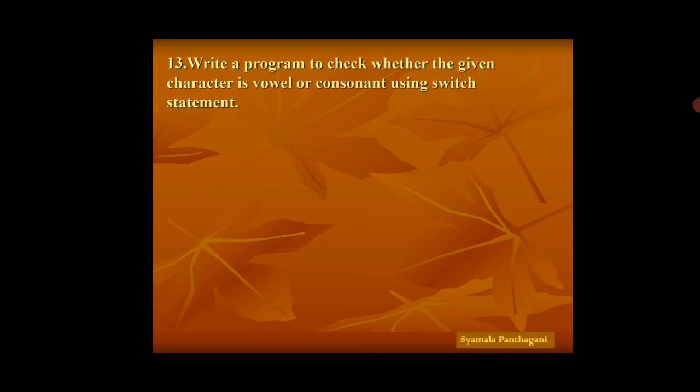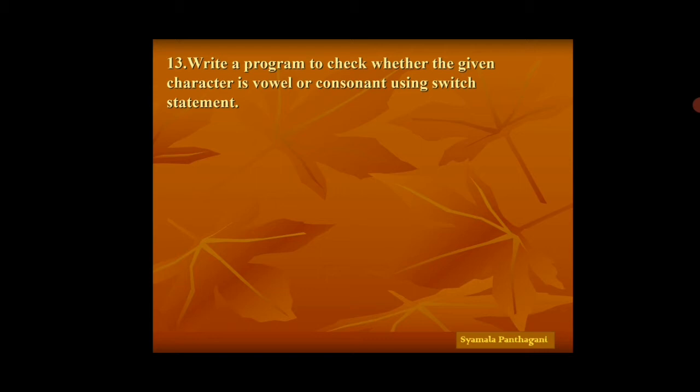In the last videos, I taught 12 programs. This is the 30th program. Children, note down. Write a program to check whether the given character is vowel or consonant using switch statement.